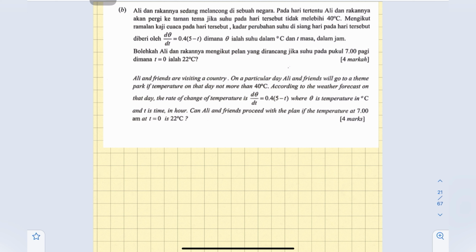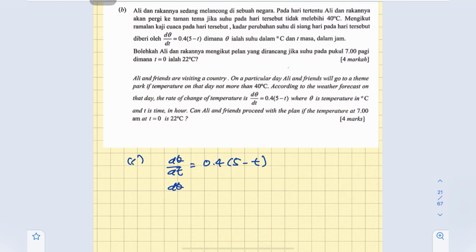Okay, if we want to determine whether their plan can go ahead or not, we need to find the temperature on that day. So to find the temperature, we need to find the function of temperature first. Given here dθ/dt equals 0.4(5 − t).